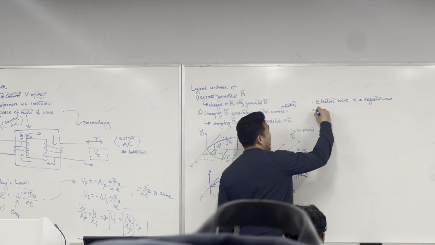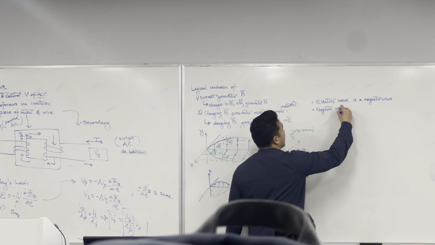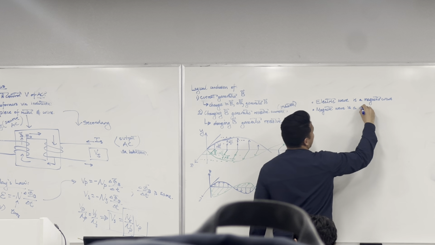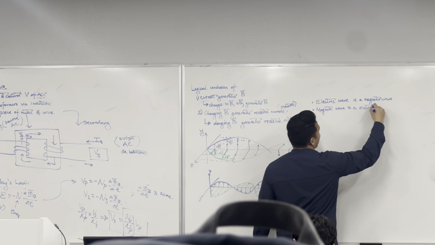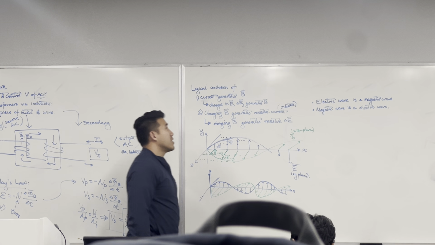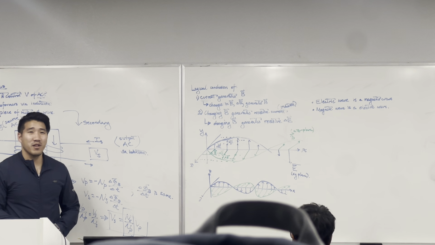Also, we can say a magnetic wave is an electric wave. So electric wave is a magnetic wave, and a magnetic wave is an electric wave.